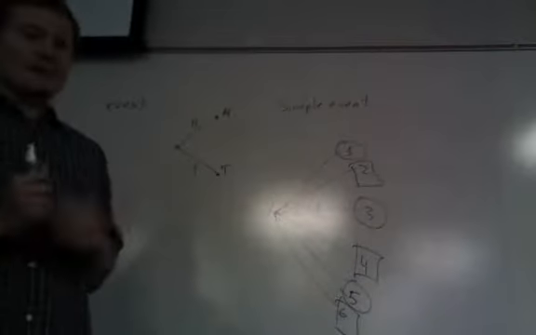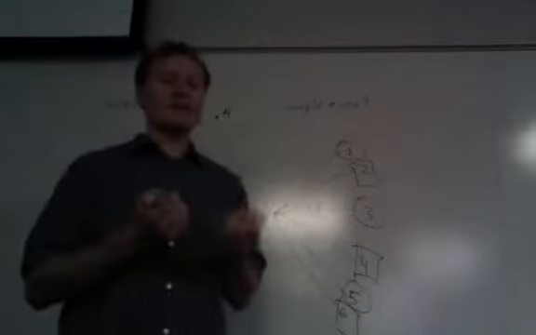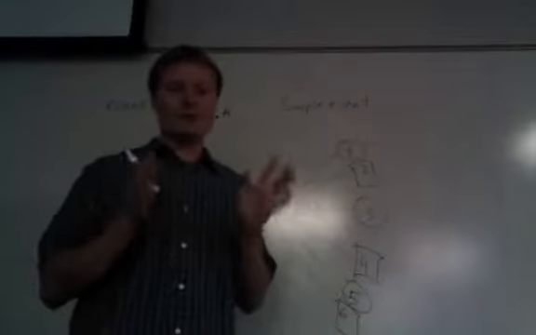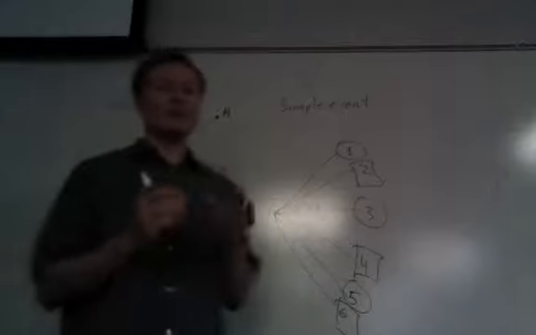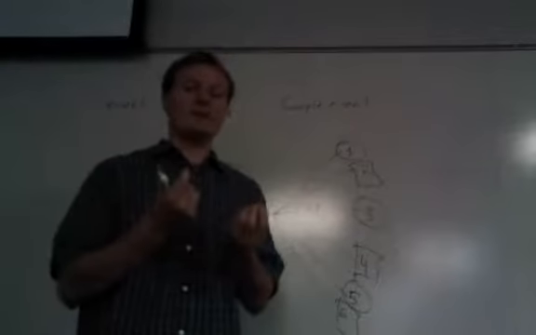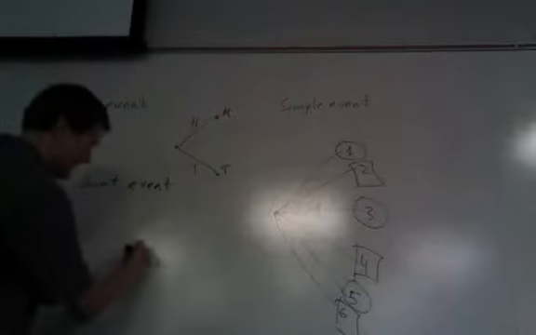A joint event. A joint event has to be at least 2 events. So another definition is a joint event. It's a combination of at least 2 events. So for example, that can be tossing a coin twice and getting 2 heads in a row.